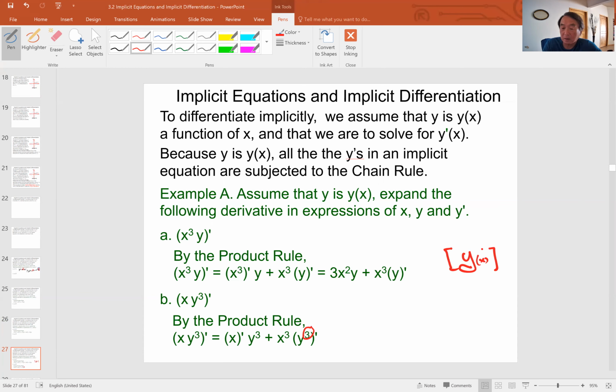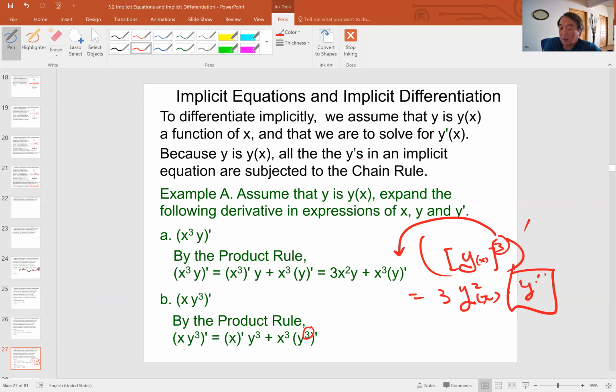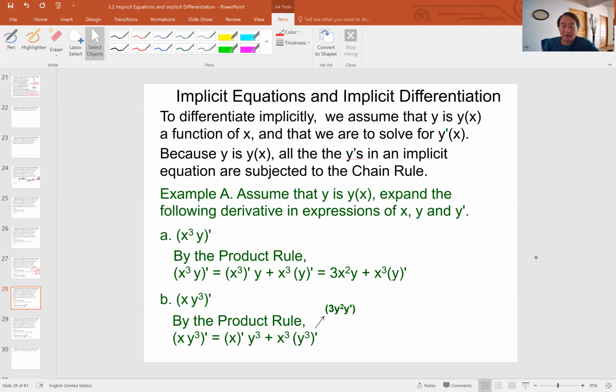It's going to be 3 comes down, y squared, times the important part, the y prime. The part we actually want. Let me emphasize that.